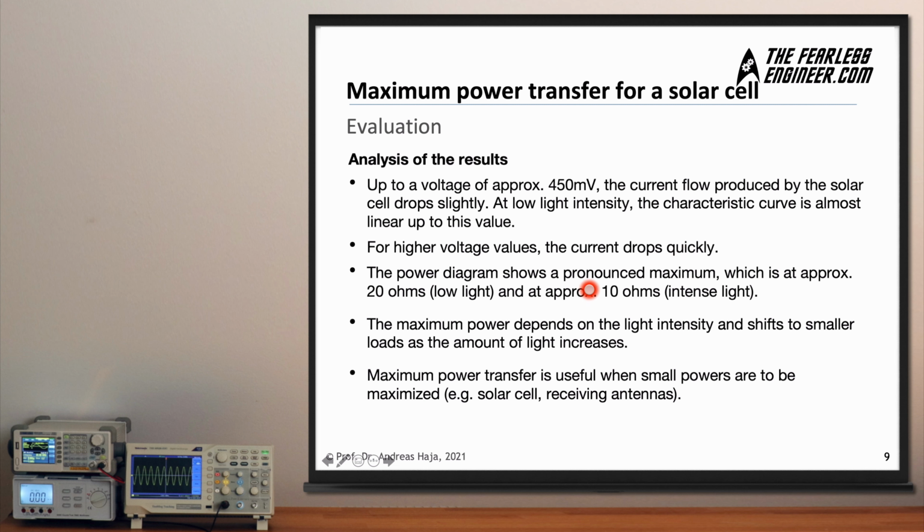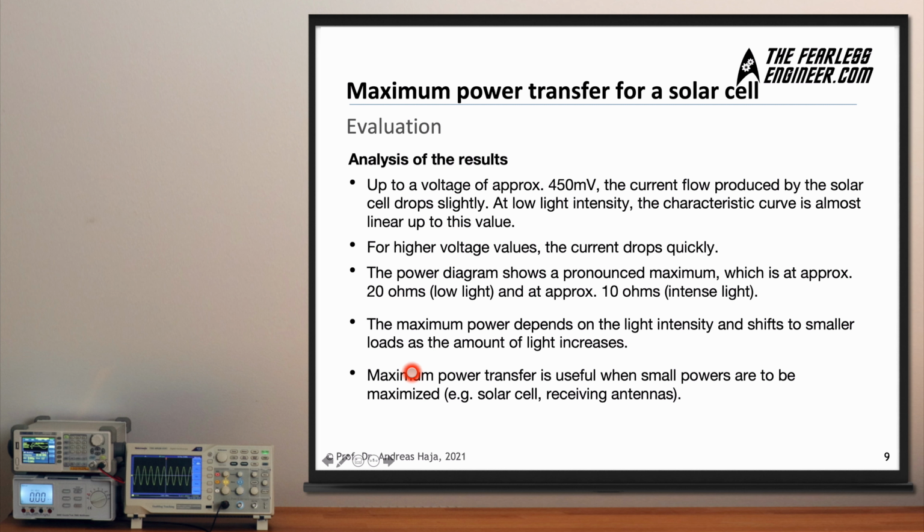The power diagram, if we apply the power law to this current voltage characteristic, shows a pronounced maximum, which is at approximately 20 ohms for this solar cell, which corresponds to the low light setting, and at approximately 10 ohms for the high intensity light setting. And this maximum power depends on the light intensity, as we have seen, and shifts to smaller load resistance values as the amount of ambient light increases, which is why in practice solar cells apply maximum power point tracking, as we have discussed on the previous slide.